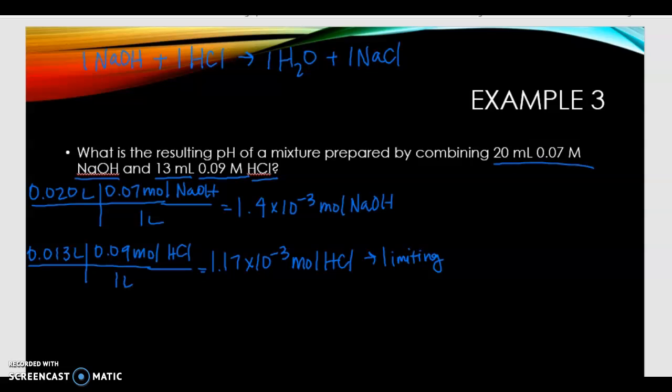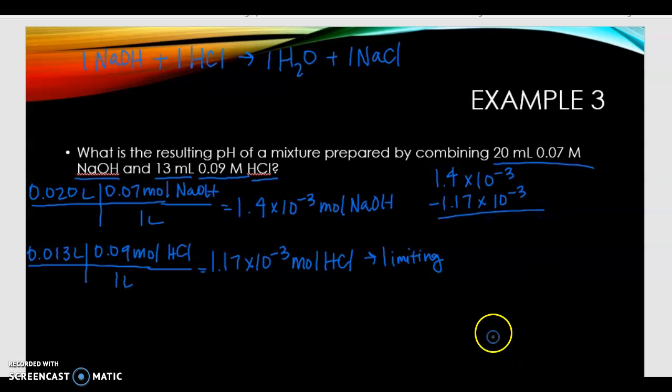So since we're going to have some NaOH left over, we're going to subtract the number of moles of HCl from the moles of NaOH to see how many moles of NaOH are going to be remaining. Because for every 1 mole of NaOH, I have to have 1 mole of HCl. So that really means that 1.17 times 10 to the negative 3 moles of NaOH are actually being used up in this process. So we have 1.4 times 10 to the negative 3 minus 1.17 times 10 to the negative 3.